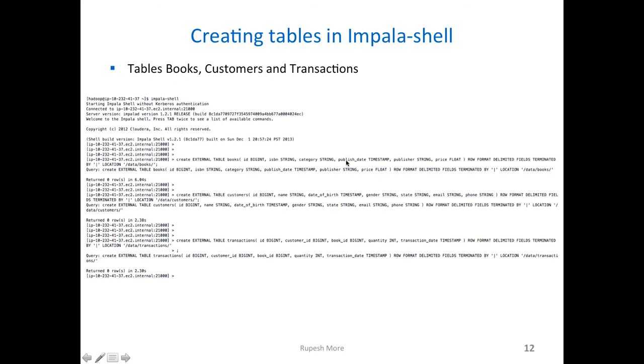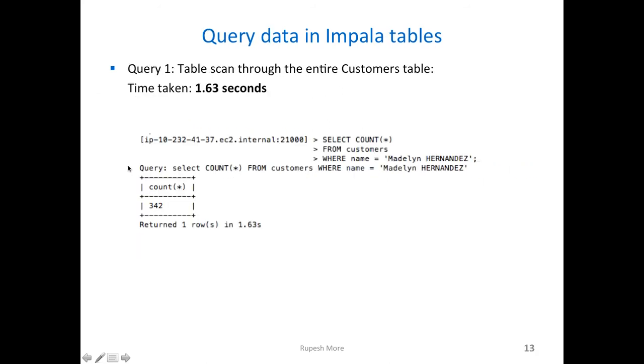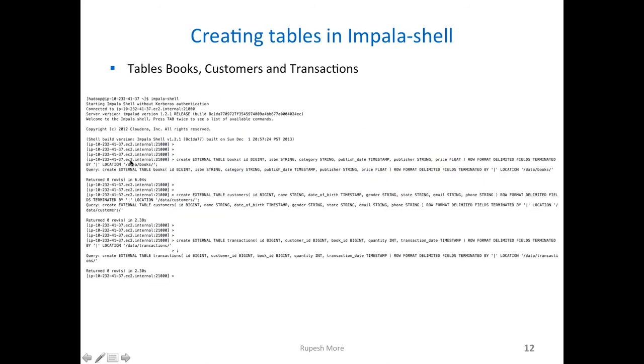These are the columns of that particular table, which is delimited by a slash, whereas the data is located in this location, the data slash books for the books table, and for the customers this is the location. After this command is executed, we will have that data stored in the form of tables.